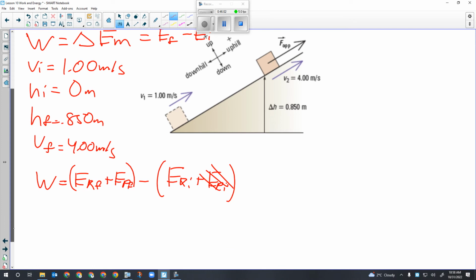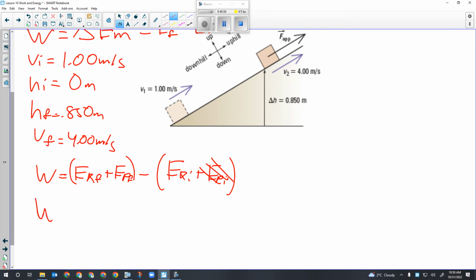I'm going to expand it a little bit further. There's my final kinetic energy, 1/2 times the mass times the final speed squared, plus my final potential energy, m times g times my final height, minus my initial kinetic energy, 1/2 times mass times the initial speed squared.